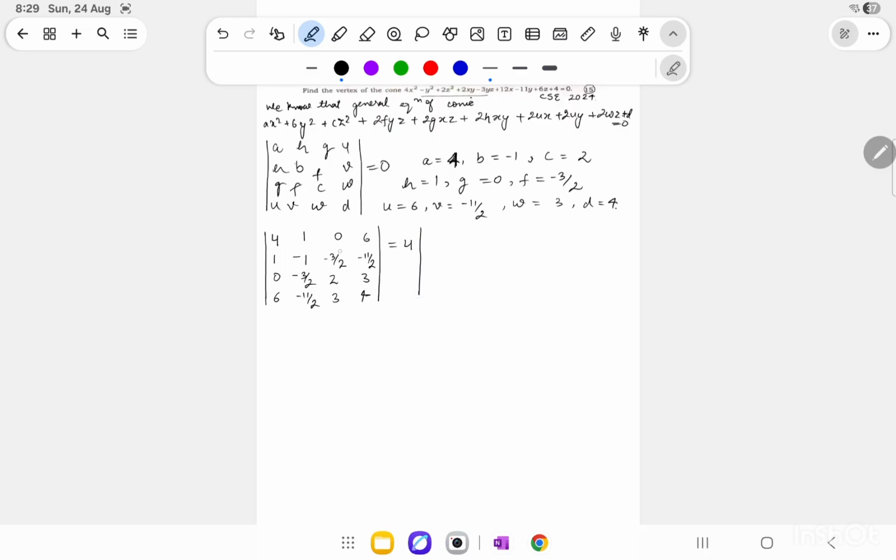It is equivalent to 4 into the determinant of minus 1, minus 3 by 2, minus 11 by 2; minus 3 by 2, 2, 3; minus 11 by 2, 3, 4; minus the determinant of 1, minus 3 by 2, minus 11 by 2; 0, 2, 3; 6, 3, 4.